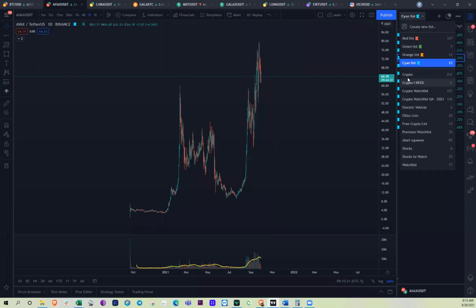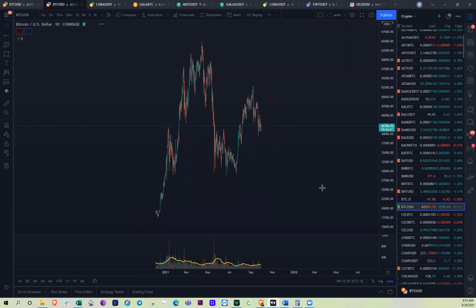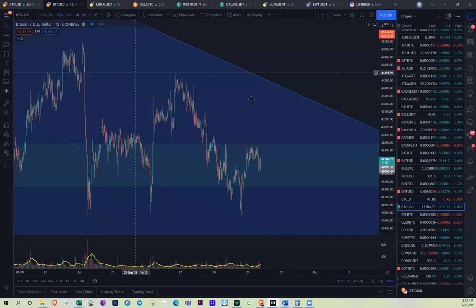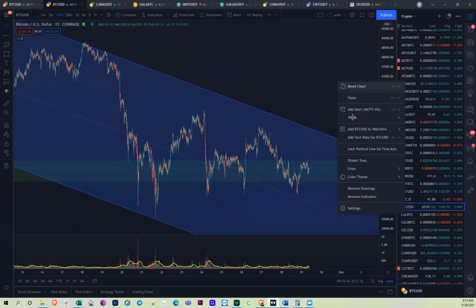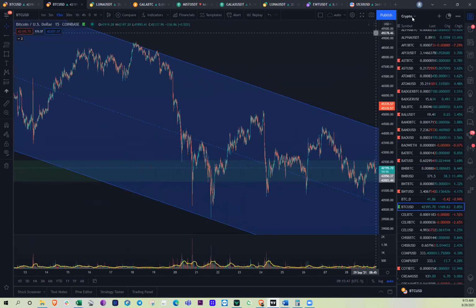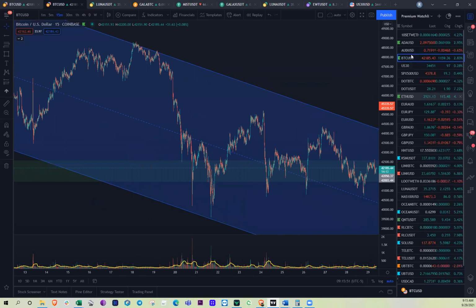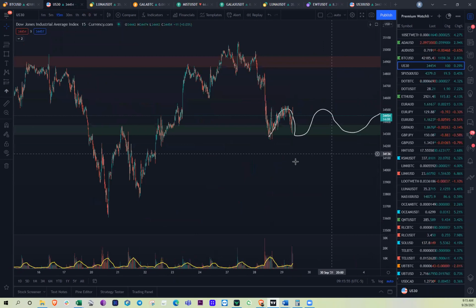for the big cryptos like Ethereum and Bitcoin, we're sitting at these levels at the moment. And for us to be overall cautious of what may happen, considering that the traditional markets aren't looking too good.